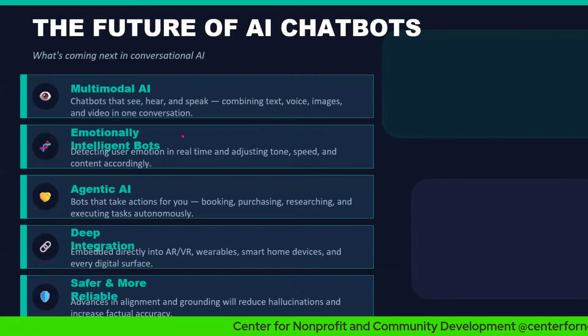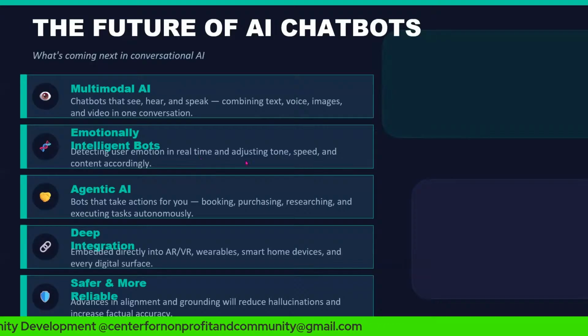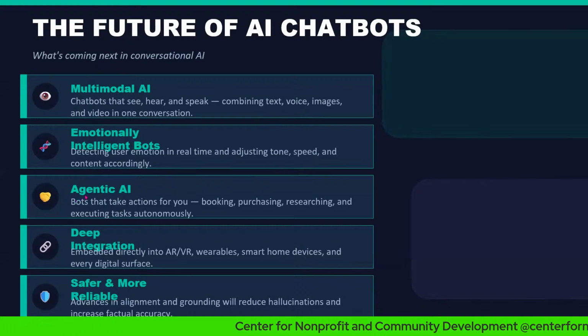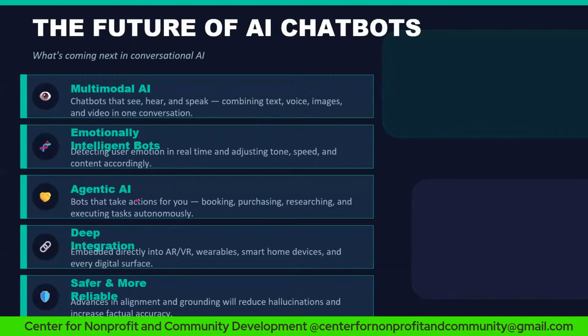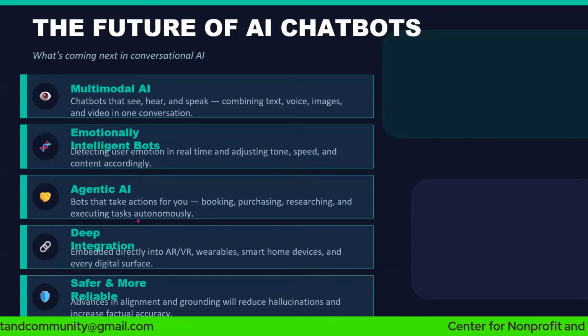Emotionally intelligent bots. I like that. They detect users' emotions in real time, adjusting tone, speed, and content accordingly. Agentic AI: bots that take action for you, banking, purchasing, research, and executing tasks.